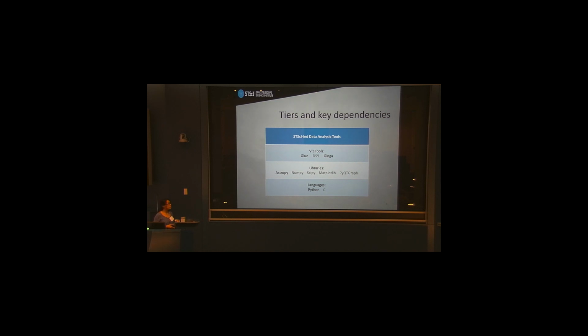So AstroPy is one of those libraries that we have staff to help with. And on top of those libraries, we have visualization tools, Glue, DS9, Ginga. And on top of those, then we have the data analysis tools, both visual and command line kind of things.